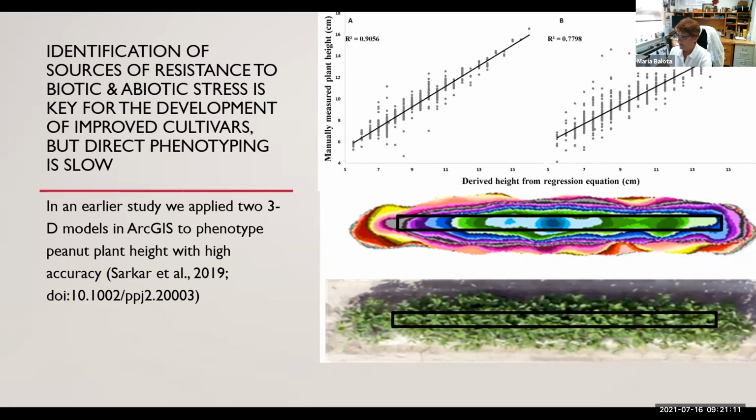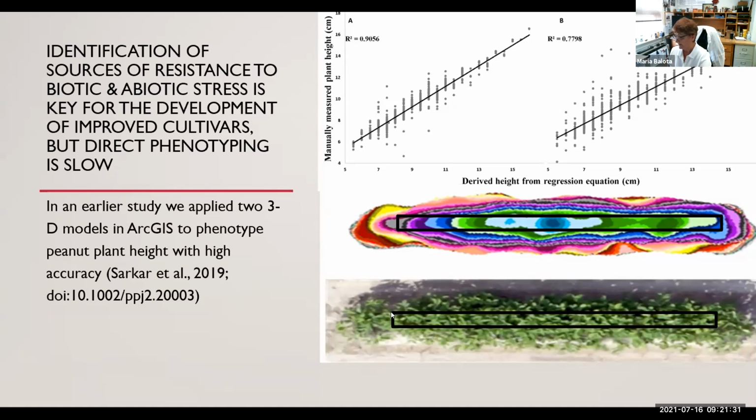This is in summary what we accomplished in an early study, when we applied 2 3D models in ArcGIS to phenotype plant height with quite high accuracy. That paper has been published already.